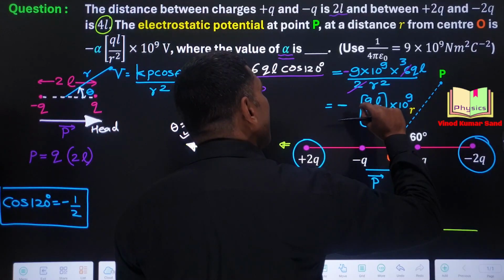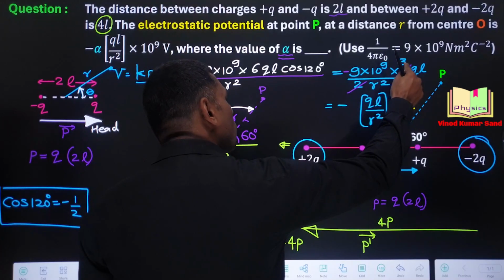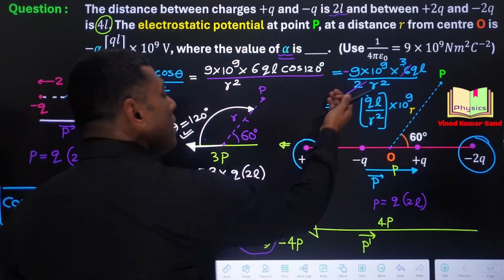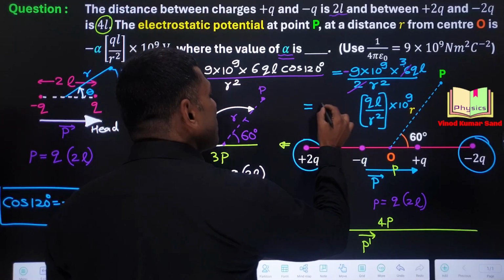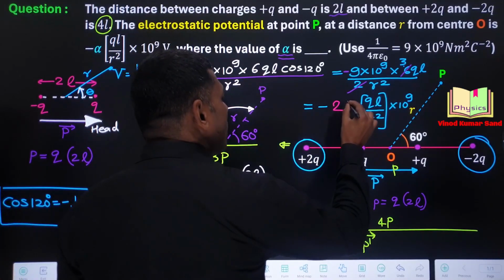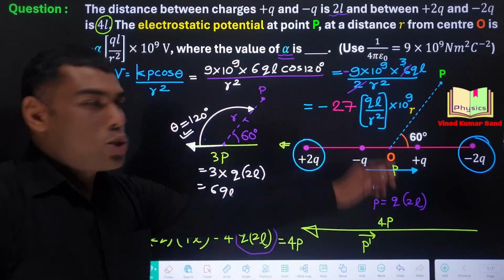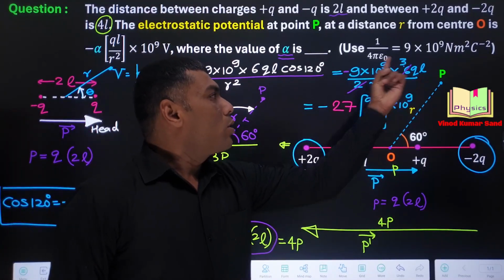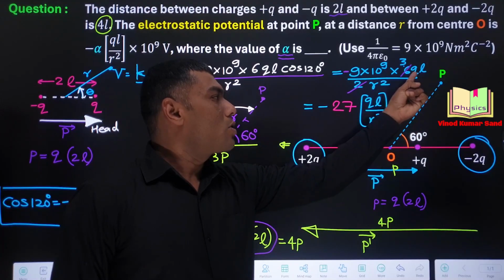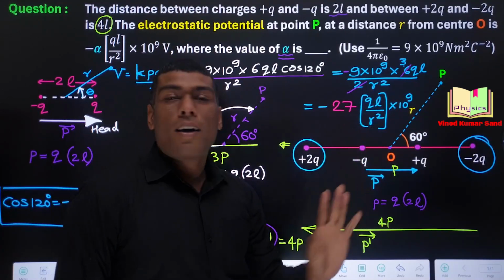Now what are we left with? We are left with one number 3, another number 9. And 3 into 9 would be 27. So this number we will write as 27. Check it again. 9 into 3 is 27. 10 to power 9 has been taken here. This is QL and there is R square.